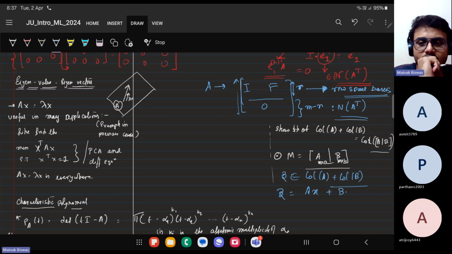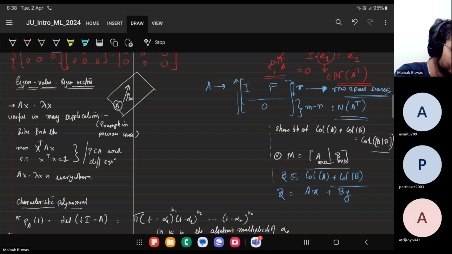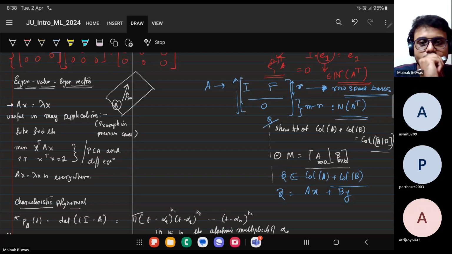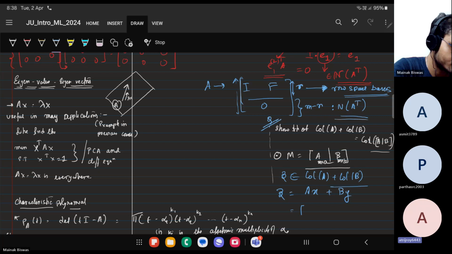What does this mean? How can I change this now to show that it is equivalent to the column space of A augmented with B, the partition matrix? We can use the column vector X, Y, and multiply with X and Y, right?